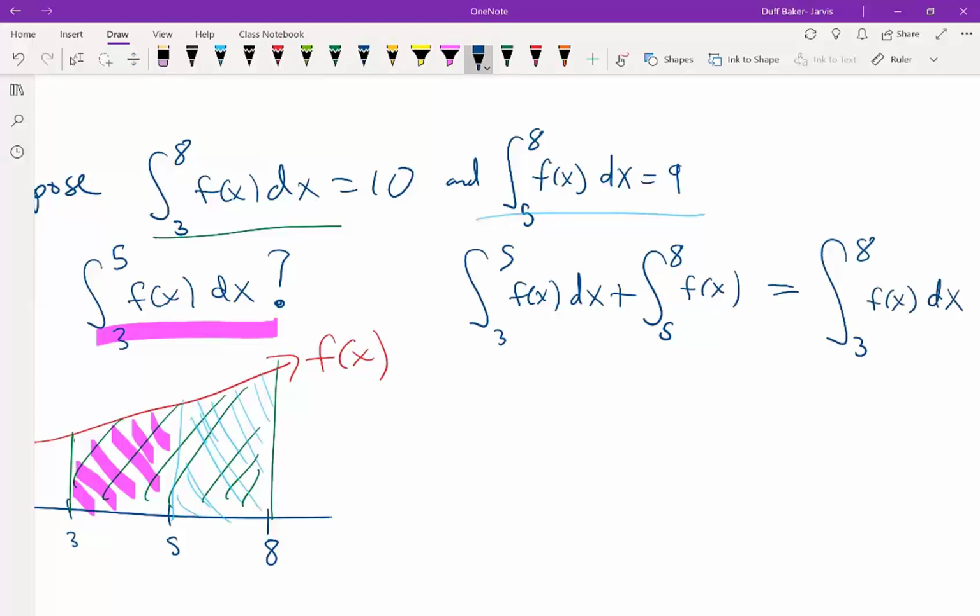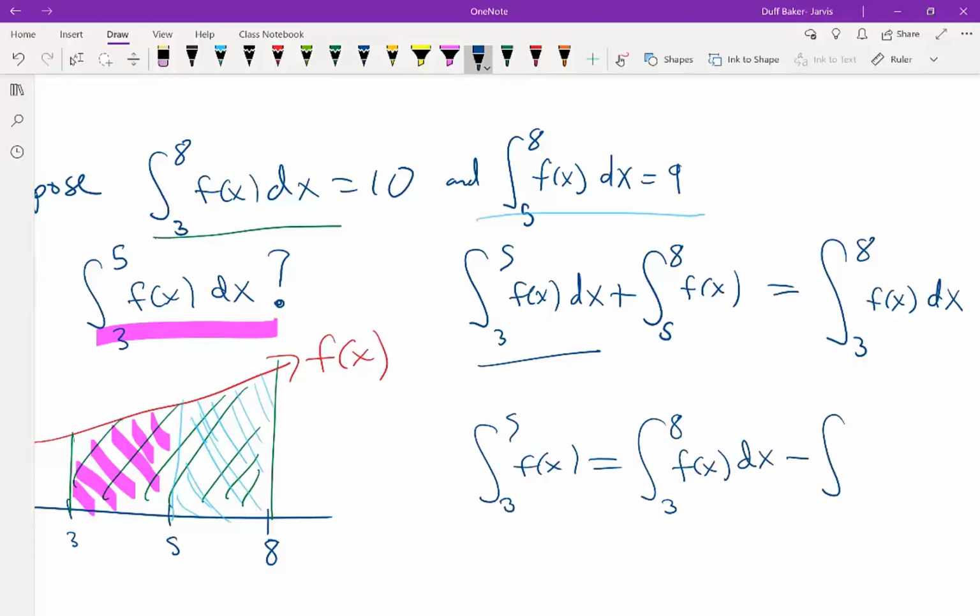And so the part we want was from 3 to 5. If we solve for that, it'll tell us what we just saw from the picture. It'll be the entire area from 3 to 8 minus the blue part from 5 to 8.